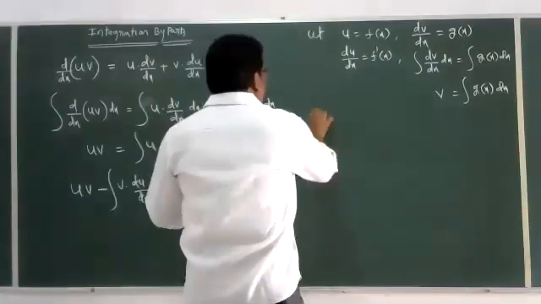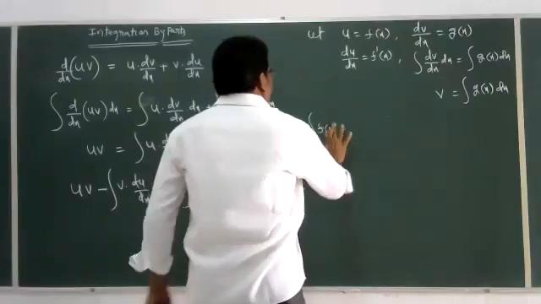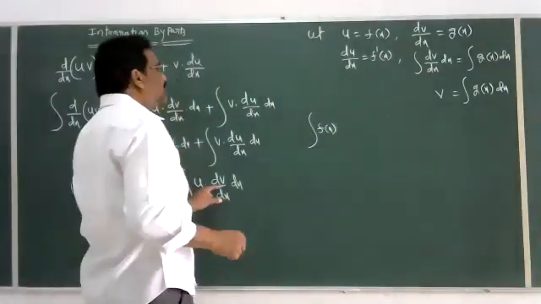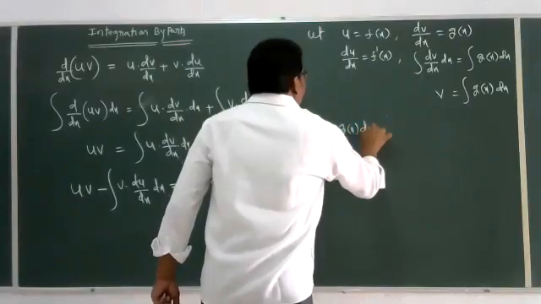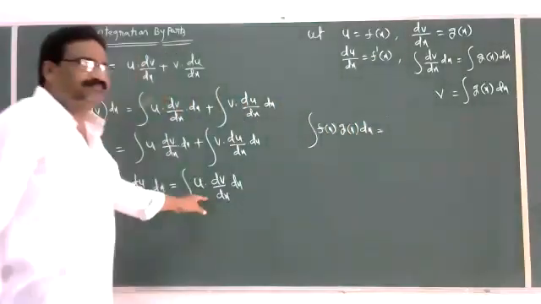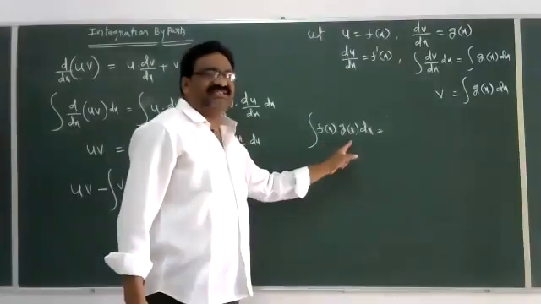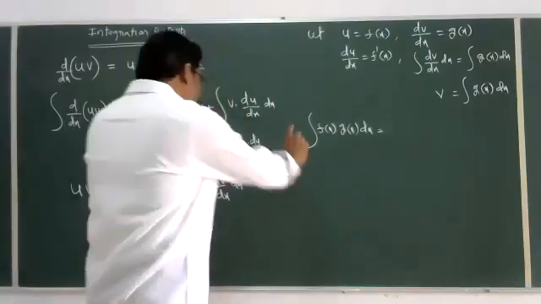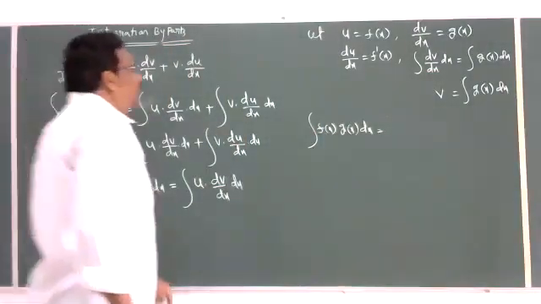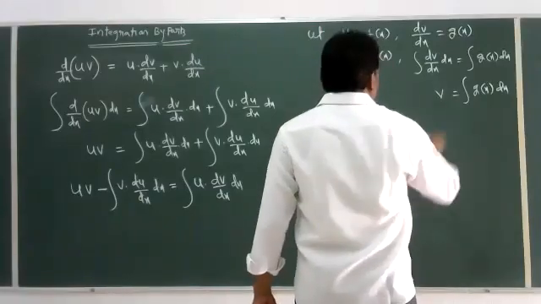U is f of x, dV by dx is g of x dx. So f of x is one function and g of x is another function. That is the product rule. We are applying the product rule. We get the formula. That is UV. U is what? f of x. V is what?